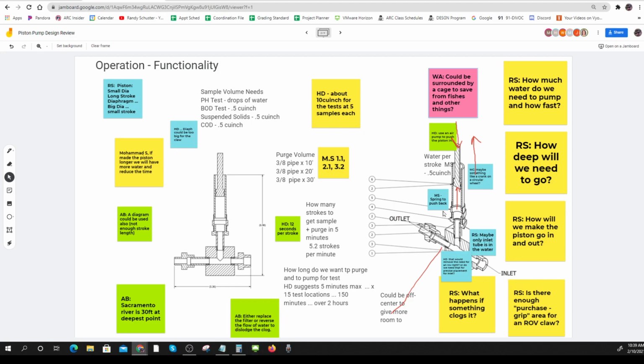So now if you're pulling this up after every one, you could obviously just put a new filter on and throw it back down. And while it's down there, you could do your other stuff. Okay. So now we're starting to really talk about how does it get past the check. Well, it doesn't. The cage would be out here, and it would have small openings, hopefully.